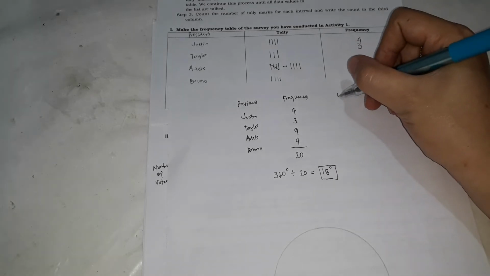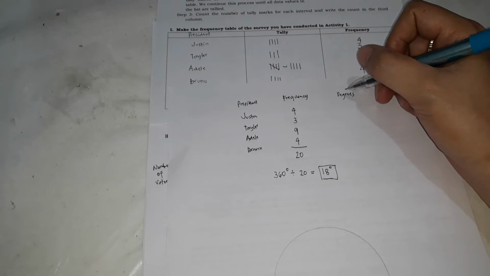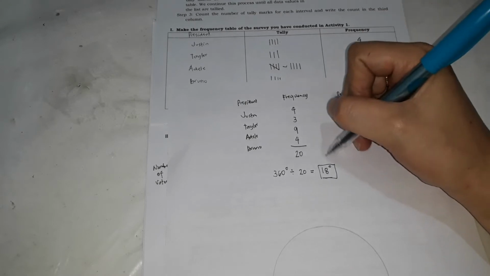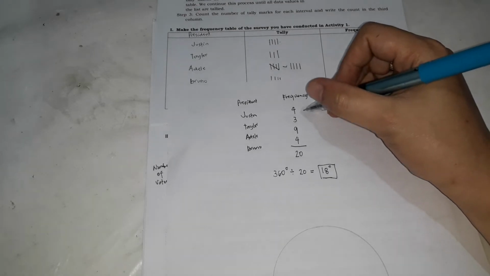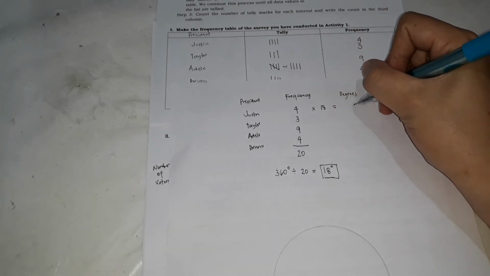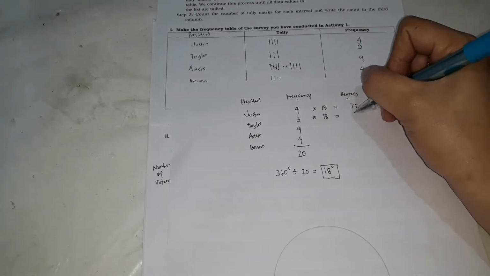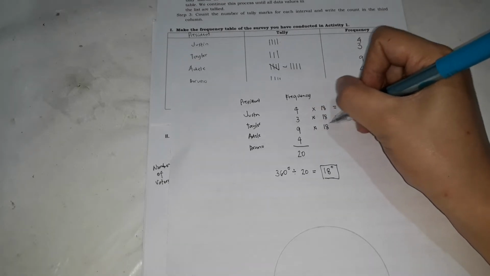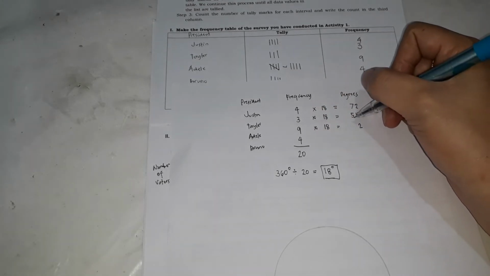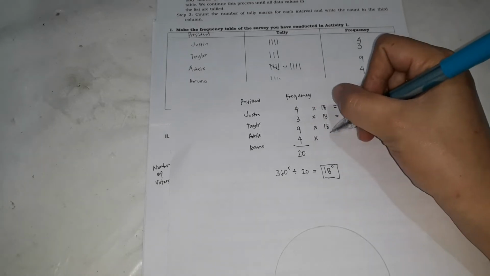So for this one, add an additional column. Susulat mo degrees. And then to get the degrees, just multiply the frequency by 18. So 18 times 4, that's 72. 3 times 18, that's 54, and then times 9, that's 162, and then times 18 again, that's 72.